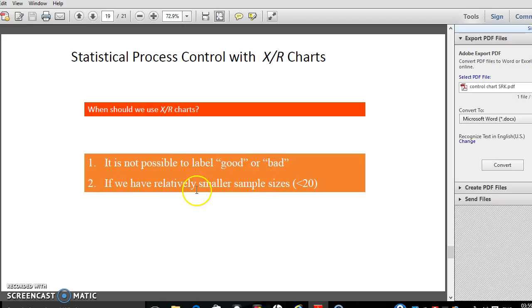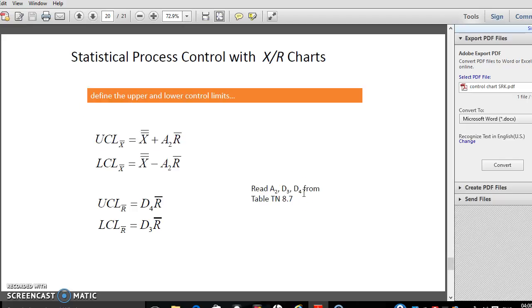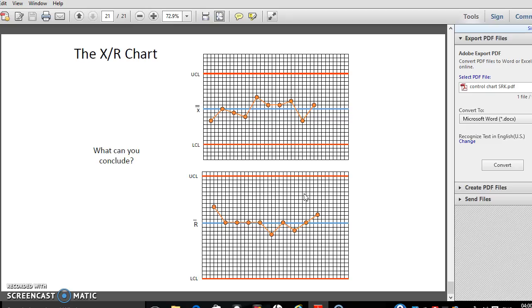If we have a relatively small sample size, less than 20, in that case we use this chart. So here is the formula that defines the upper and lower control limits. This is the X bar chart, with the upper control limit and lower control limit, and these are the data points over here.